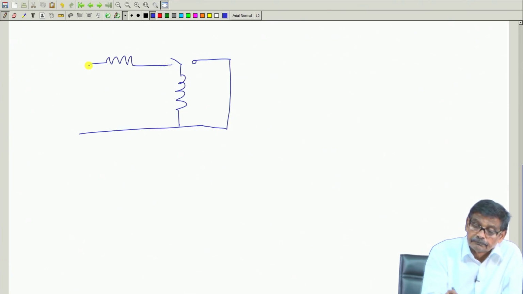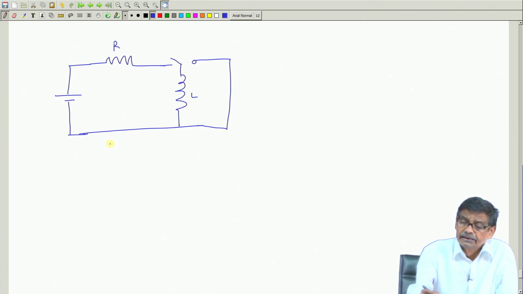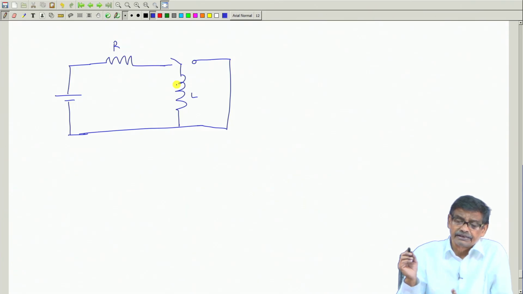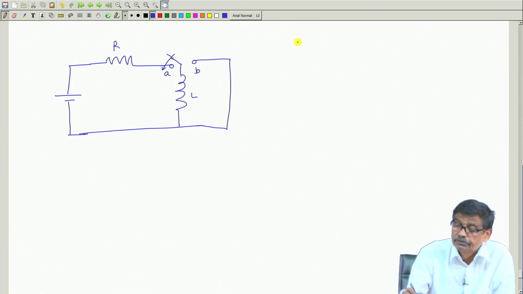So, here you connect T, this is R, this is L, and suppose initially the switch was in the off position, there was I 0 minus was 0, etc. Then what I do, we connect the switch at position A first at t equal to 0.